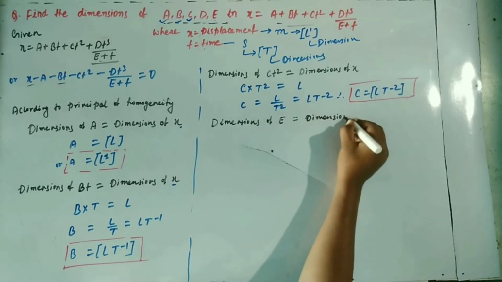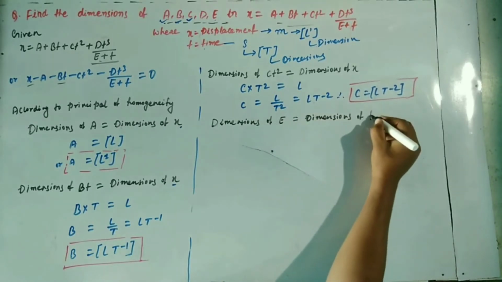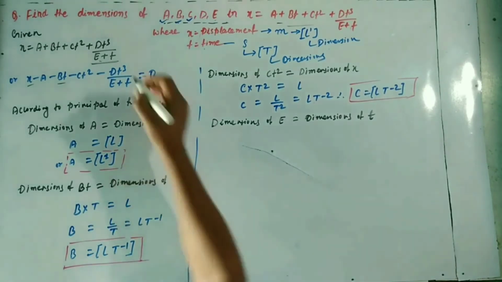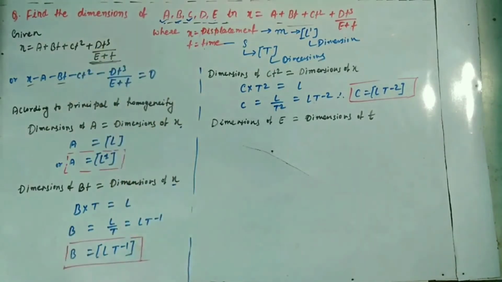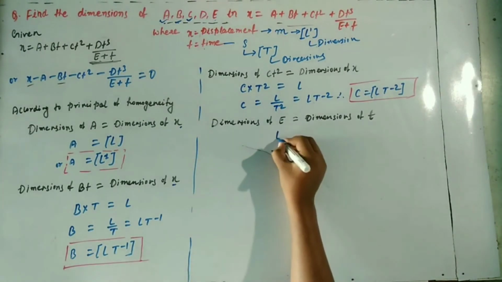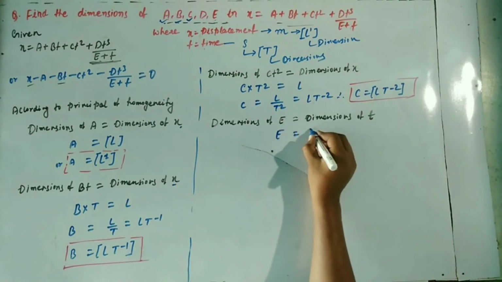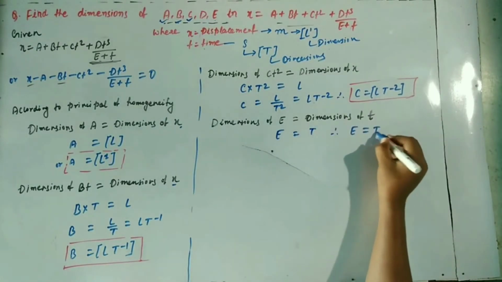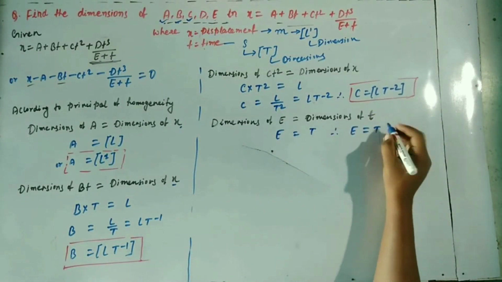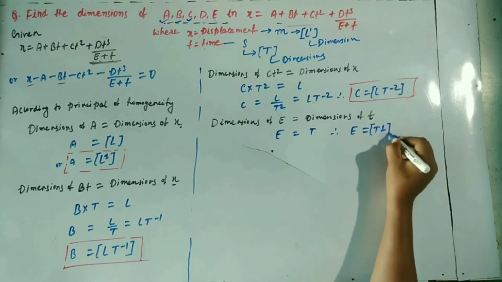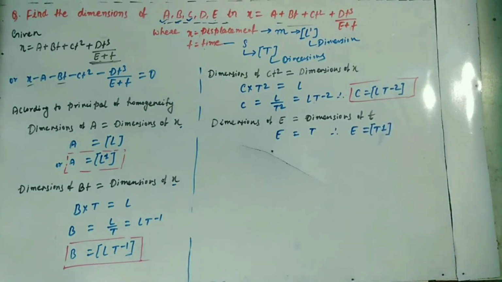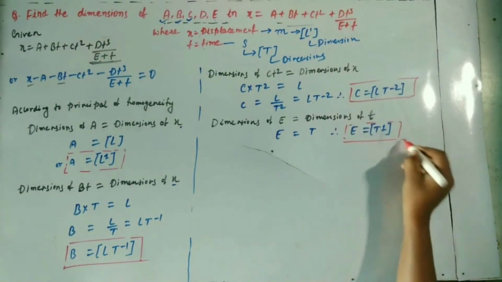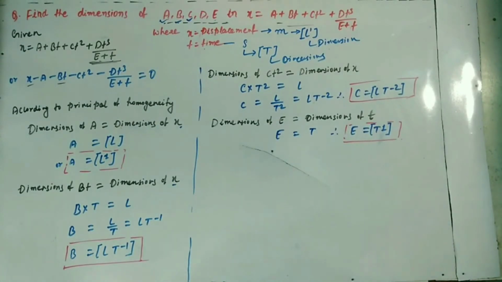Here we can apply the principle of homogeneity, because these two terms are added, e plus t. So the dimensions of e will equal the dimensions of t. Then the dimensions of E equal the dimensions of T, so E equals T power 1, or E equals T.